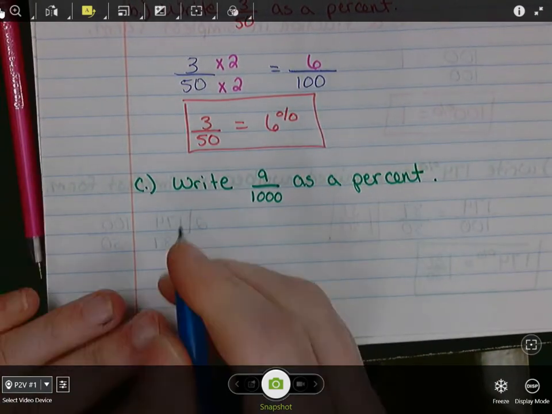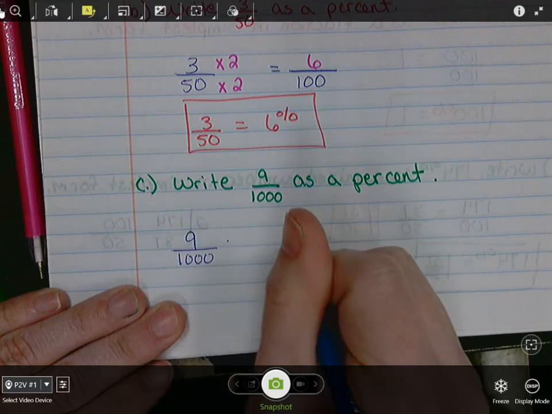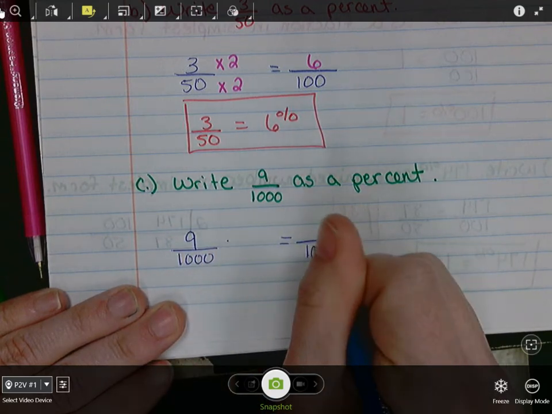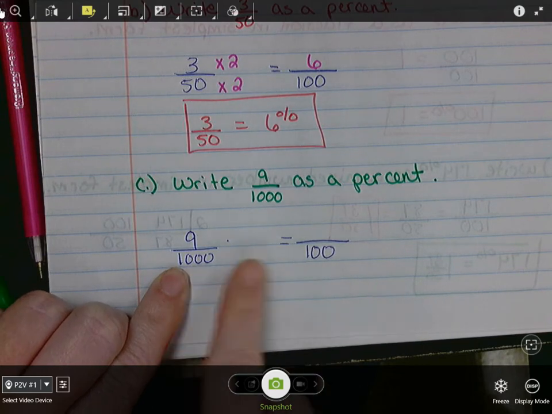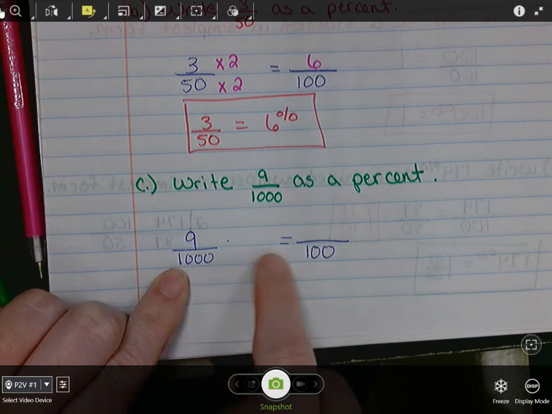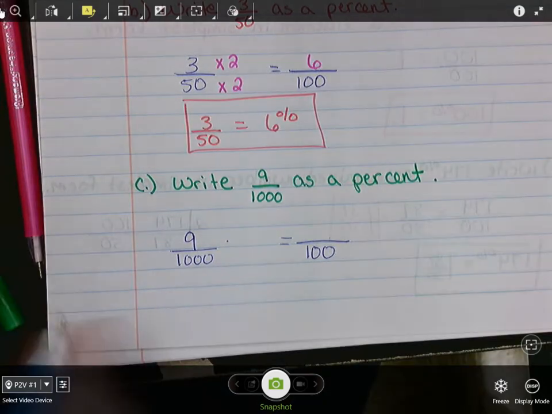You put 9/1000 equals something over 100. Now notice this number is bigger than 100. So this time you would actually have to divide by something to get it to 100. You're like, what do I need to divide 1,000 by to get to 100?